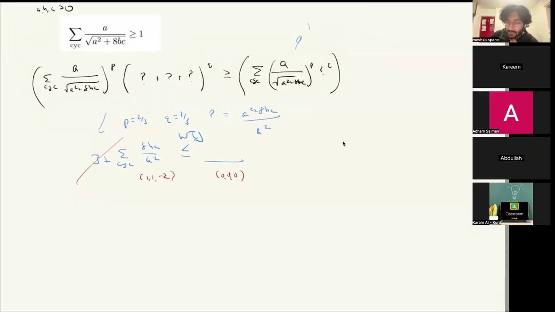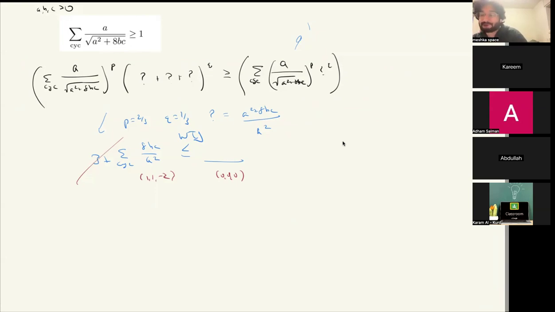Does the inequality get stronger the bigger the difference between P and Q is? Okay, this is a good question. I think the answer is no. You should think of P and Q as weights. So it's kind of like asking, is AM-GM stronger when you make the weights further from even? I don't think so.